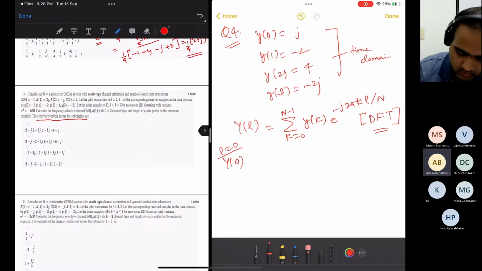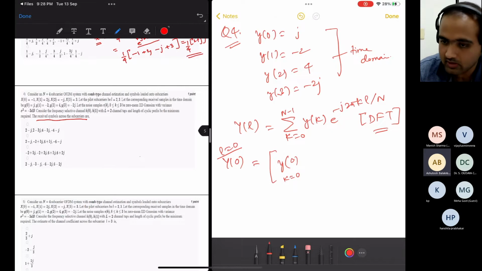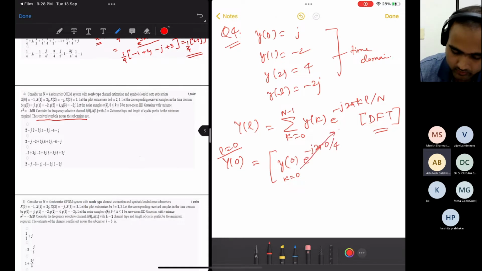So at L is 0, we have capital Y0. What will this be? So this will be y of 0. First k is 0, right? Since k is 0, the exponential will be 1, right? e to the power minus j 2 pi 0 by 4, so this is 1. Plus y of 1.